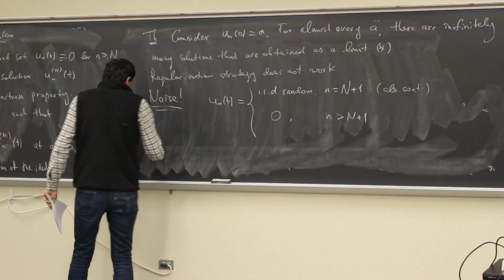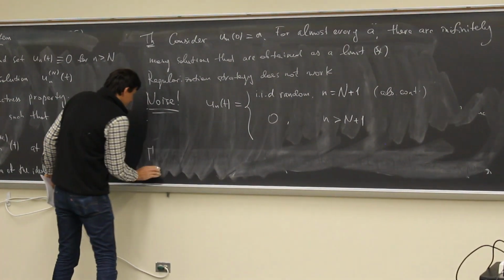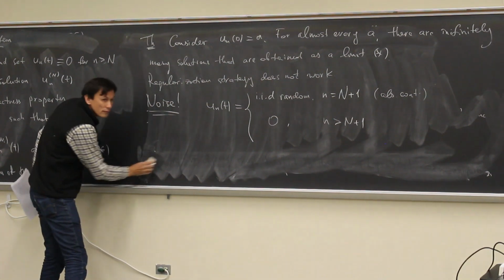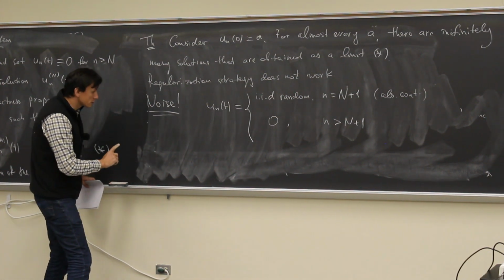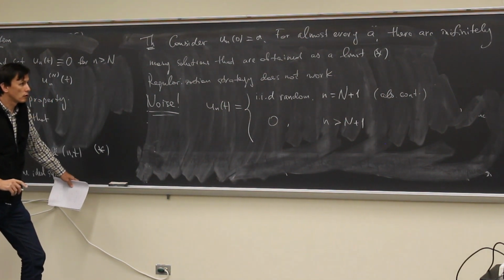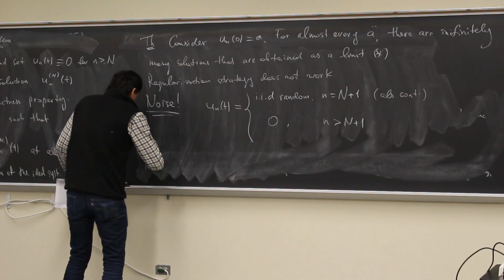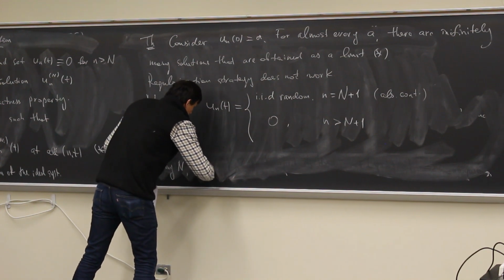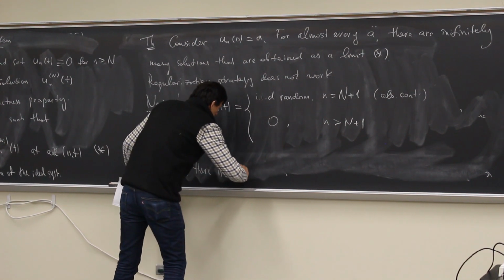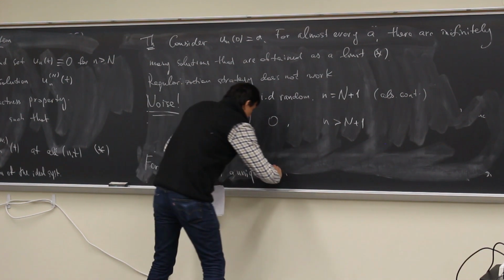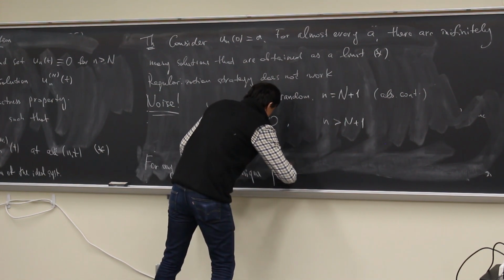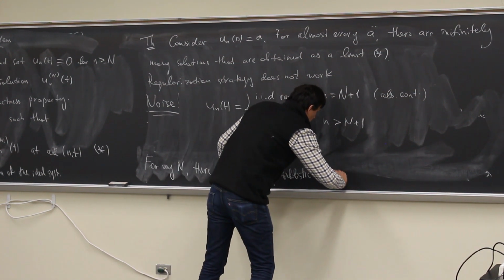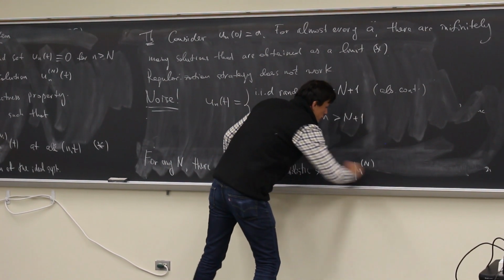So then for any n, there is a unique probabilistic solution, which is a measure.